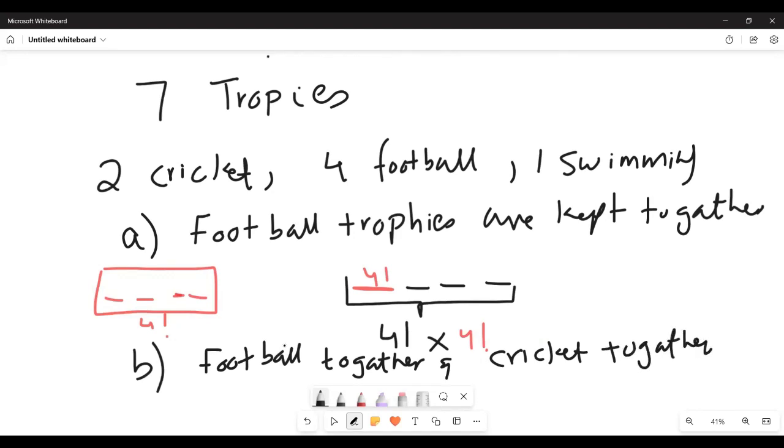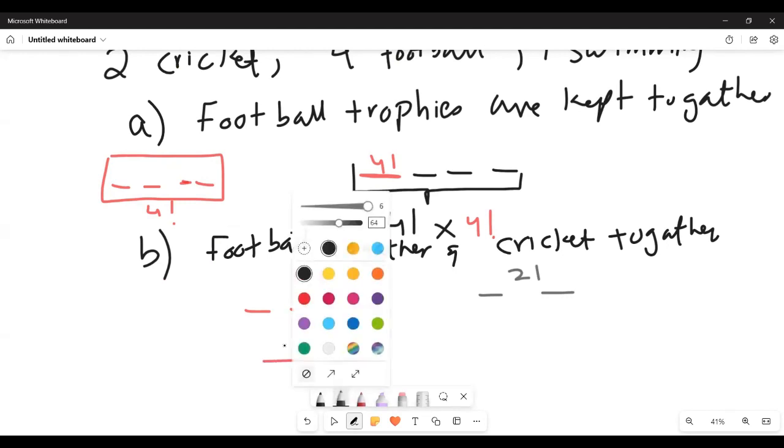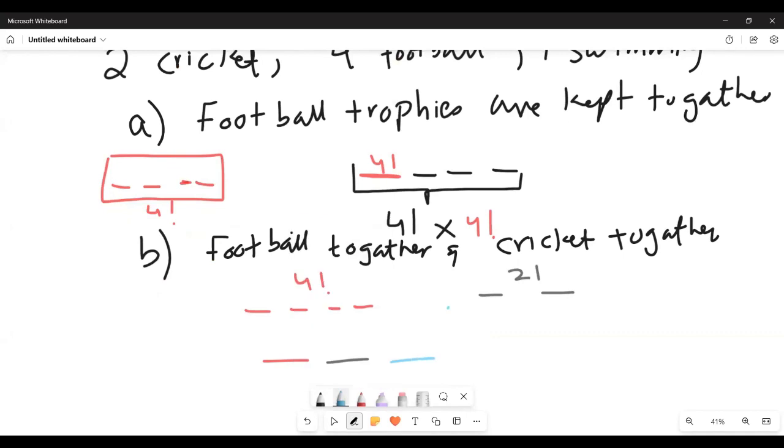So again, grouping: 4 football trophies, 4 factorial; 2 cricket trophies, 2 factorial; 1 group, 1 group, and then there's 1 trophy left for swimming.